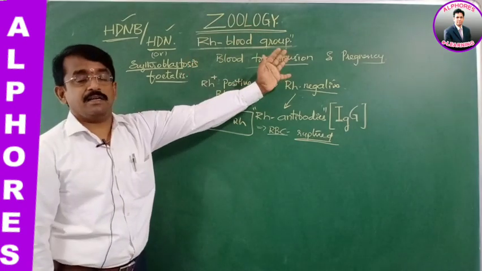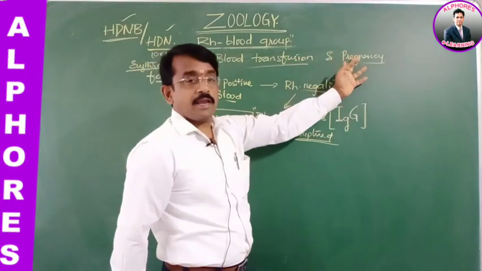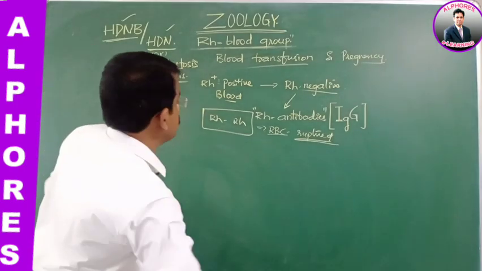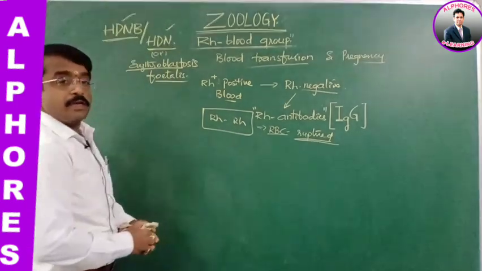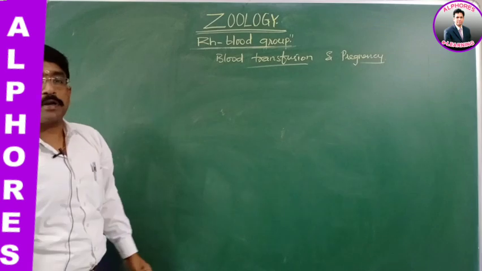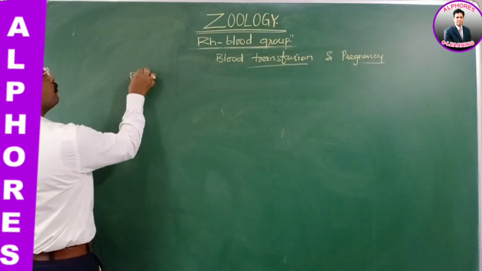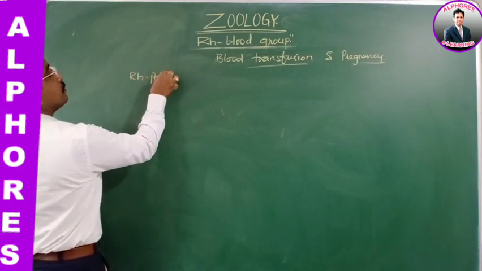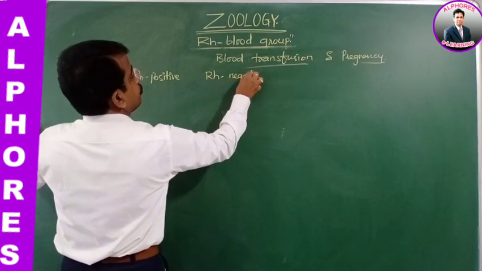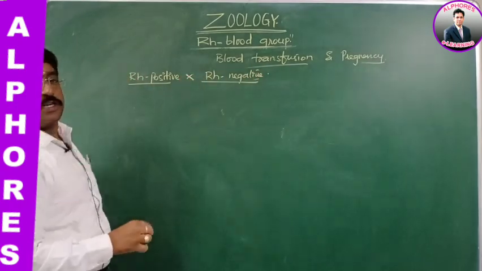Let's see the second condition, which is pregnancy. The second consequence is pregnancy: a marriage between an Rh positive husband and an Rh negative wife results in genetic incompatibility.